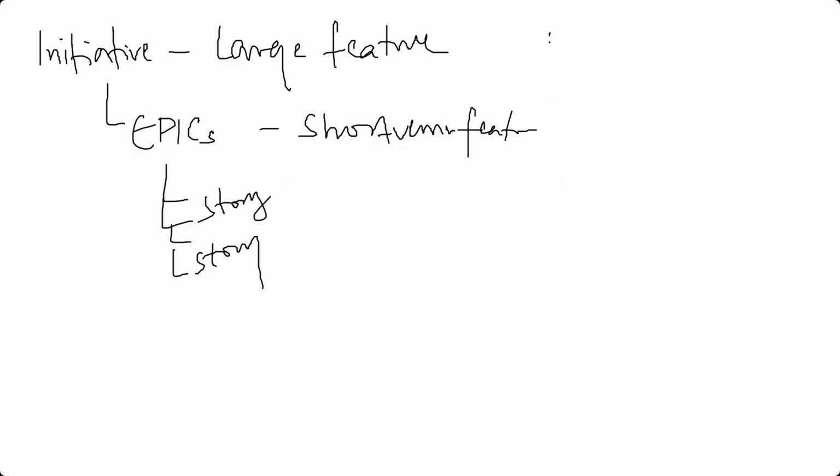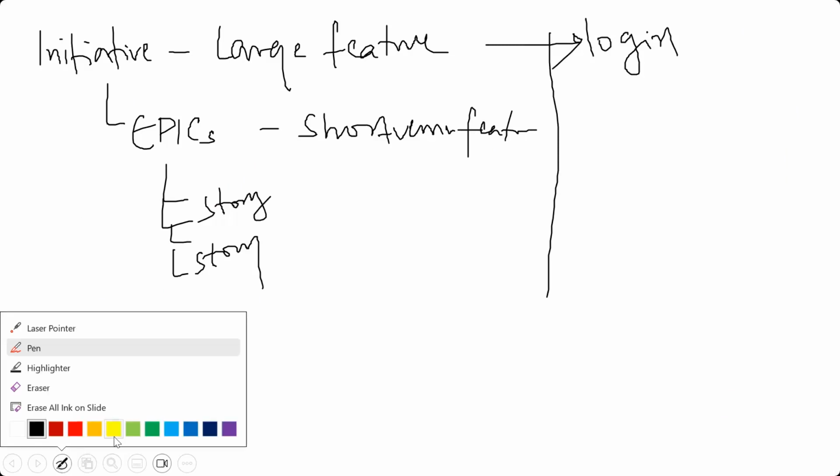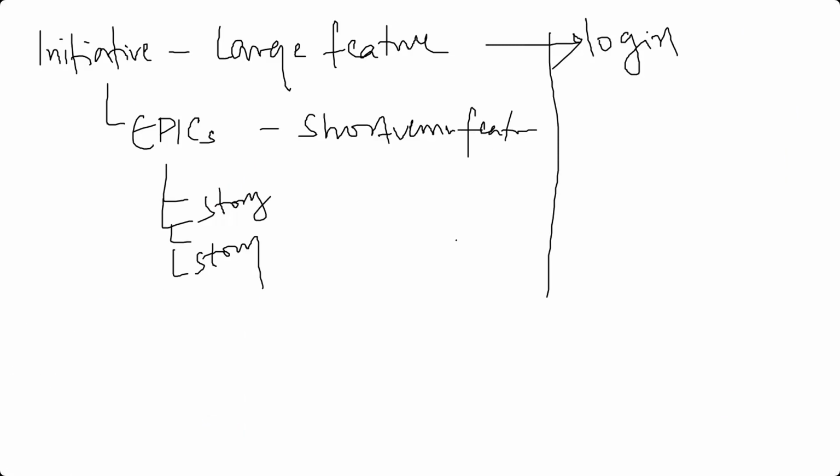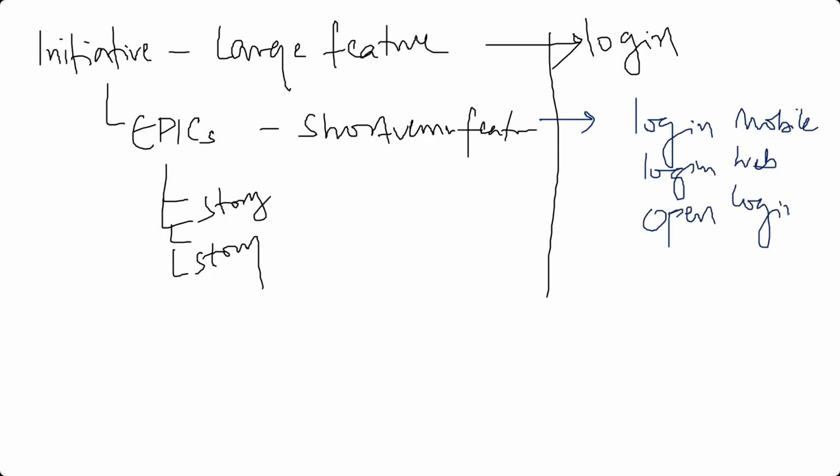If you draw a parallel, login is the larger initiative. Then come the shorter epics: login through mobile, login through web, open login. These are the epics which they typically create.